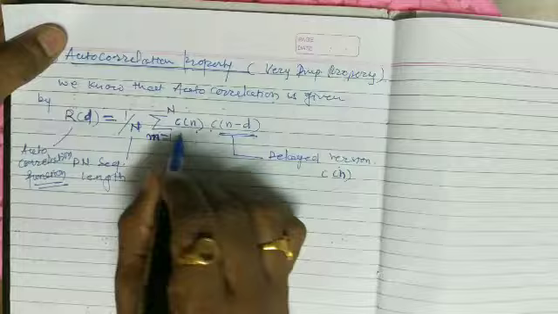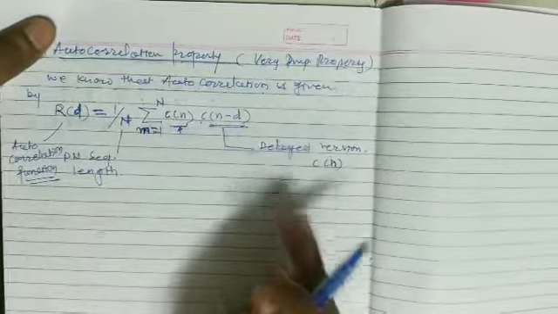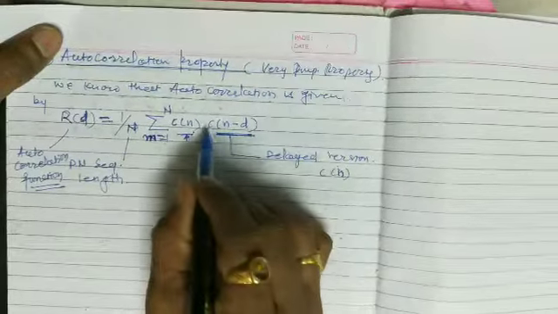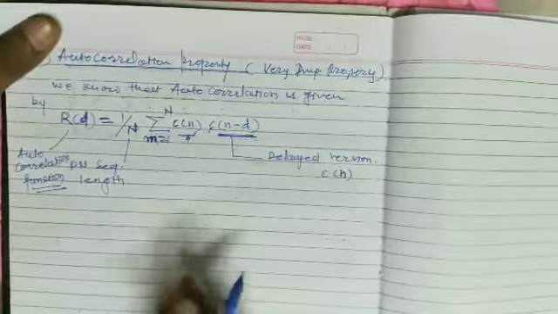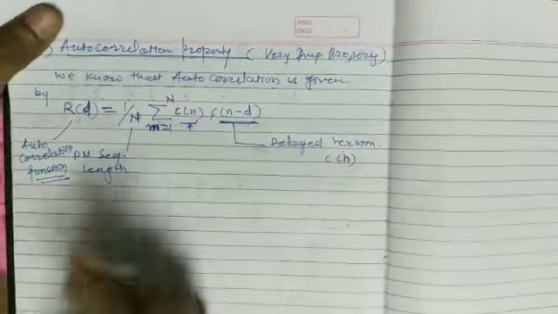That is the original signal that we will consider, and then we will multiply it with the delayed version of the same signal, and that's why it is denoted by C of n minus D, where the value of D can vary from 1, 2, 3 up to N depending on the sequence length.